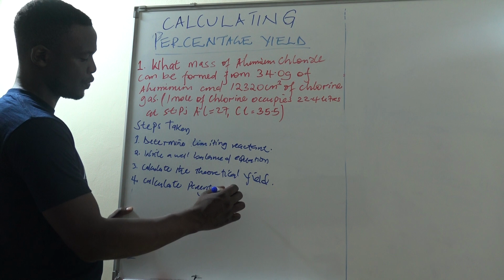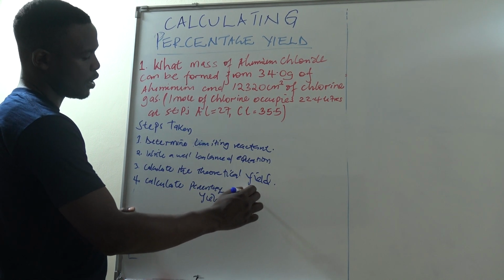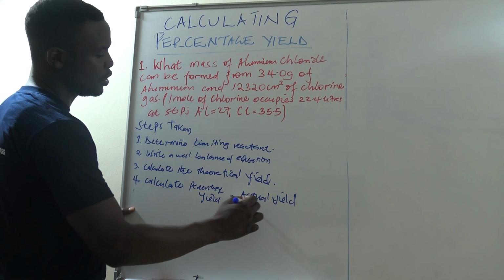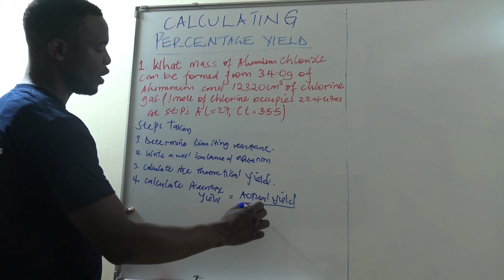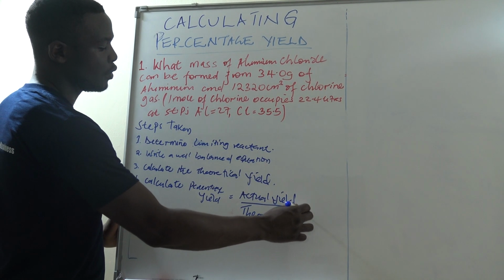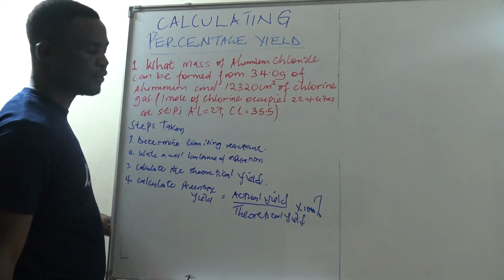Percentage yield equals actual yield over theoretical yield times 100%.